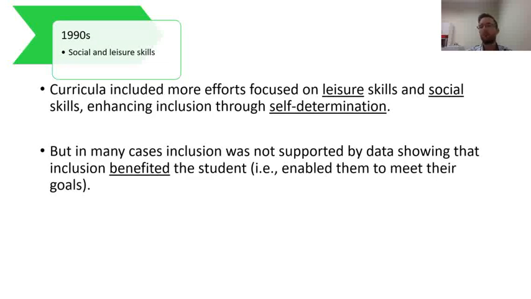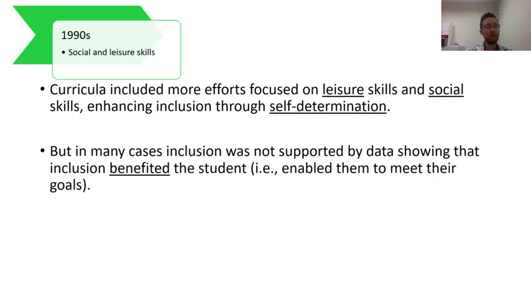Okay, it's a beautiful idea to teach them leisure skills and social skills and give them more choices and send them into environments where they're getting experiences with typically developing children, other children without disabilities.